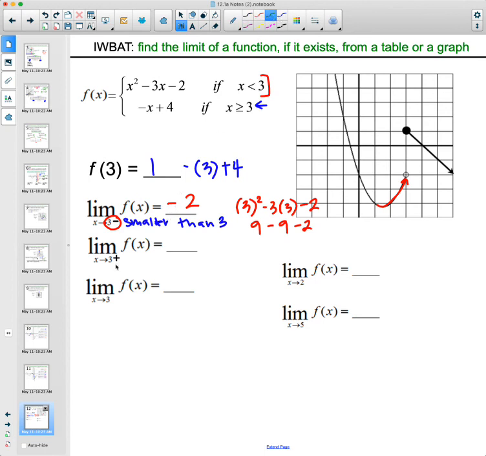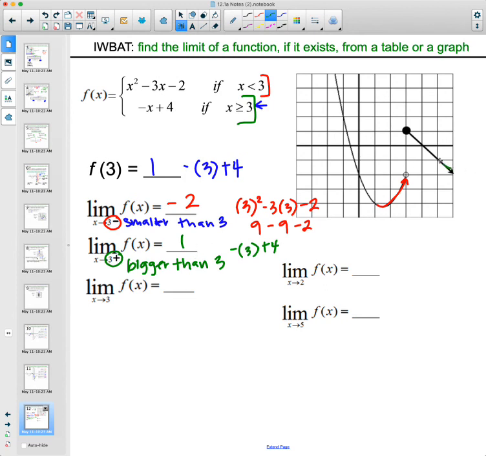Then when we want to do the limit from the right side, this means numbers that are bigger than 3. So when we're looking at the domain up here, we want the one where the x's are bigger than 3. That will represent the right-hand side of the graph. Okay, so x bigger than 3 will plug into here. So then we'll do -3 plus 4, which is 1.